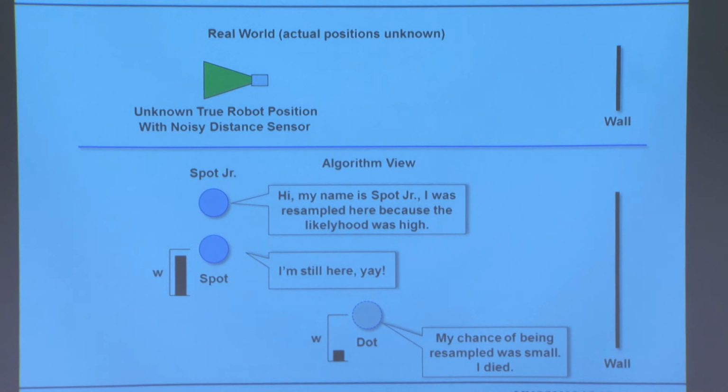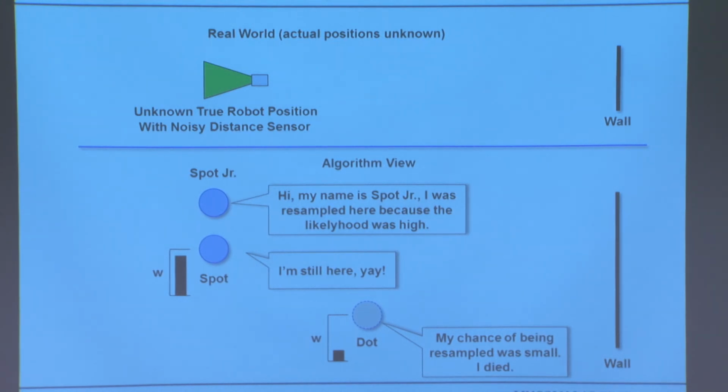So for this example, let's say there was a 90% chance of resampling a particle in the spot particle's location, and only a 10% chance of sampling a particle in the dot particle's location. So it's much more likely that we will resample our particles in the spot location.